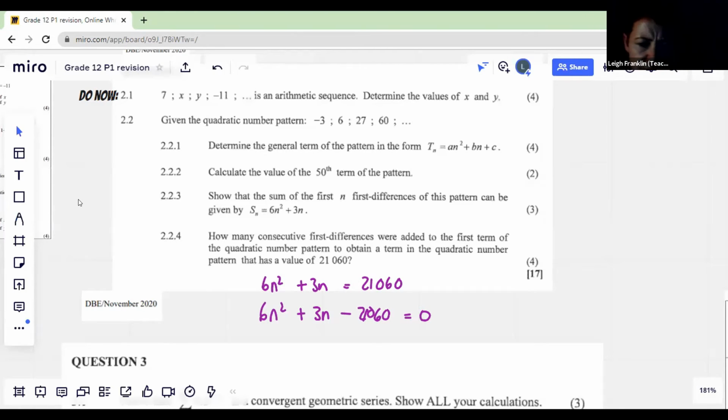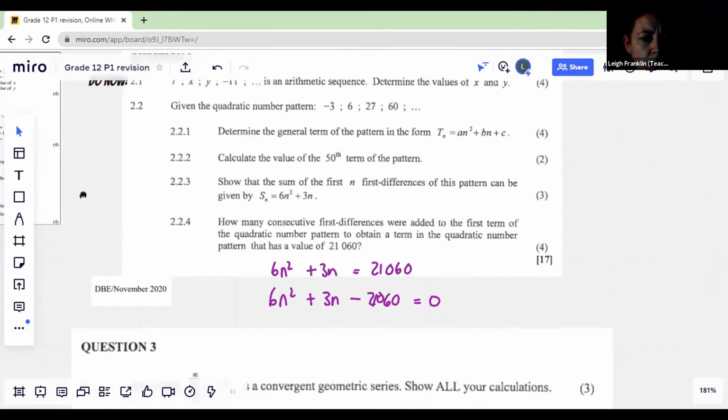I know that the answer, 58.99, yeah, you were supposed to get 59 as an answer. Did the rest of you get that as well? 59, that's right. Good, well done.